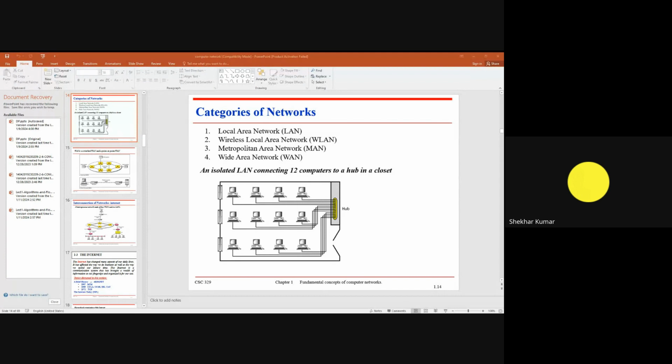So it connects computers in a single building, a single block or campus. They work in a restricted geographical area. Actually, these are private networks that are not subject to traffic or other regulatory controls. LAN operates at relatively high speed compared to your wide area network.